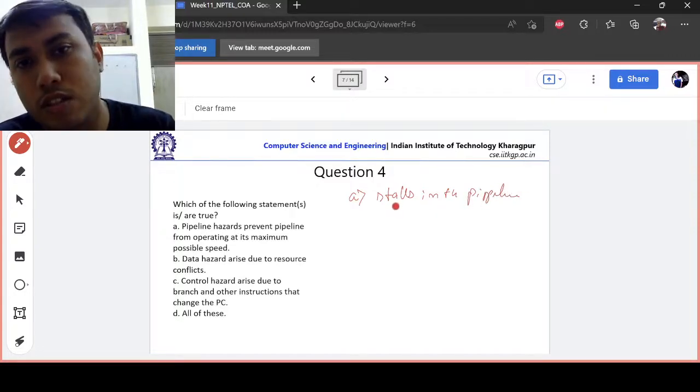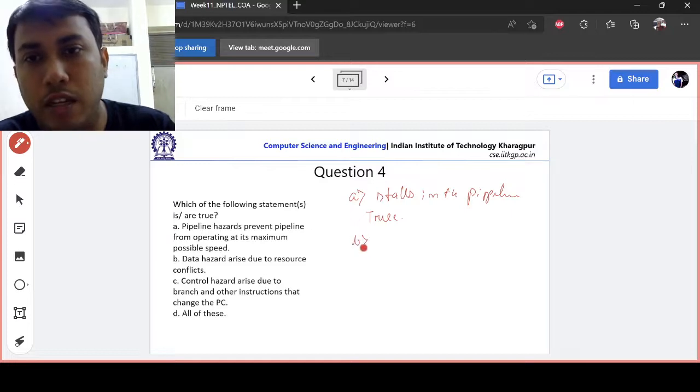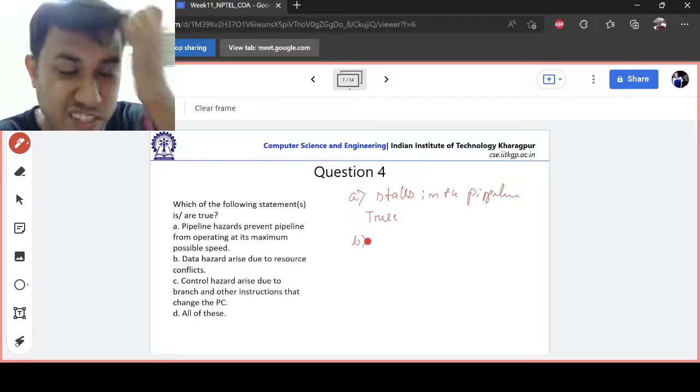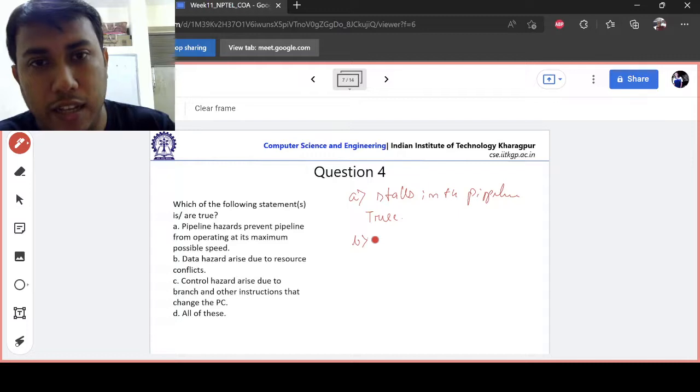And due to the stalls, the pipeline doesn't work at its maximum possible speed. So option A is true. Option B, data hazard arises due to resource conflicts. So this is false.